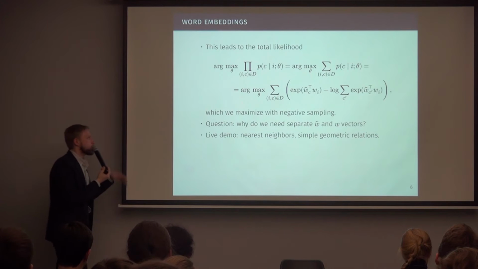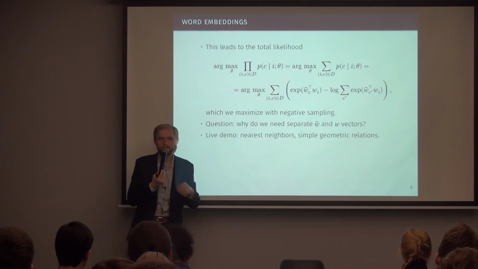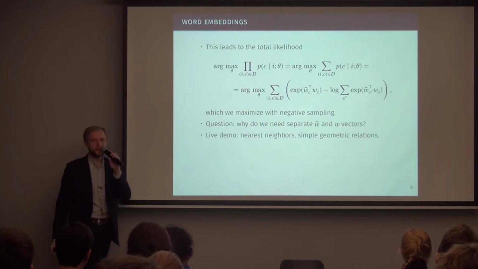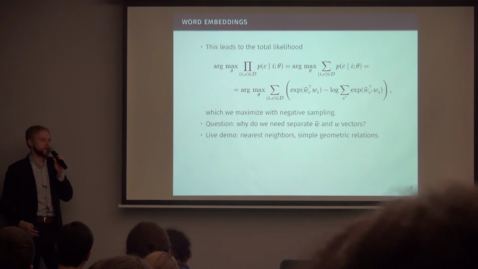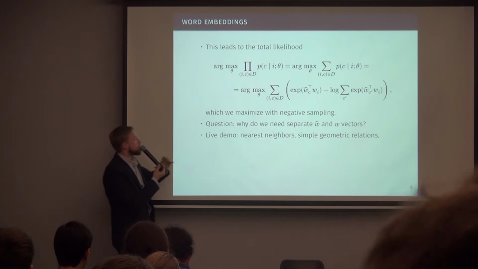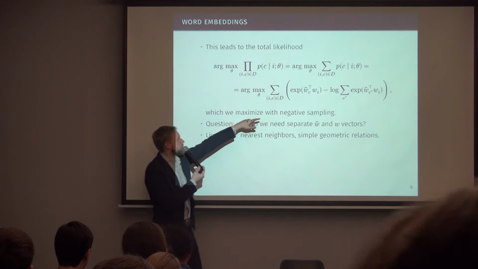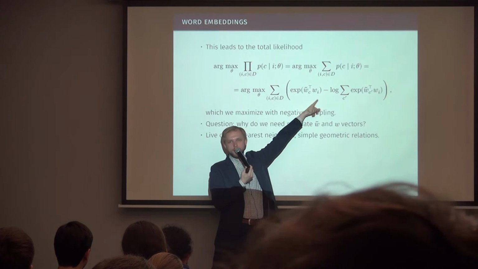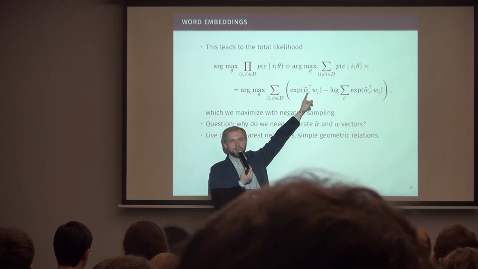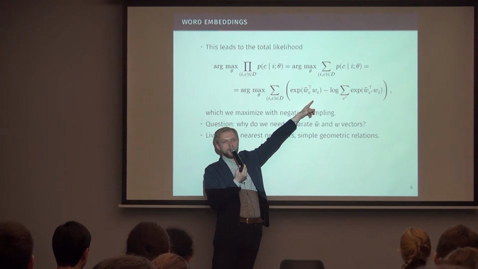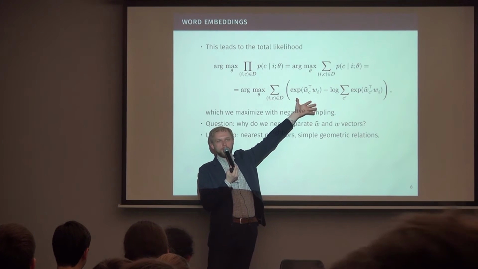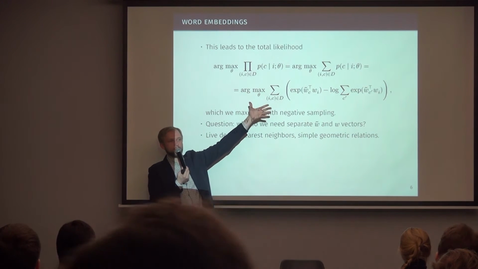And since I skipped the math, I will not ask you the question of why we need to separate the vectors. But basically, the idea is that we would like to predict something by just the scalar product between the distributed representations. And if we had the same vectors, then for most words, they do not really appear in their own windows, right?